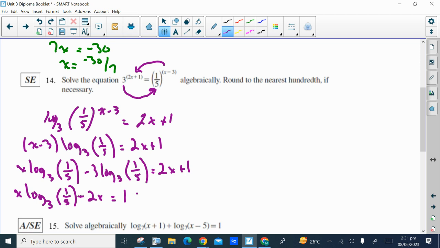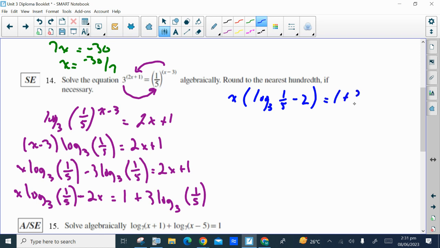On the right side, I've got a 1 plus, I'll add the 3 log base 3 of 1/5 to both sides. Remember, we're trying to get x by itself. So on the left side, I'll take out a common factor of x out of both terms. And then divide both sides by what's inside the bracket.